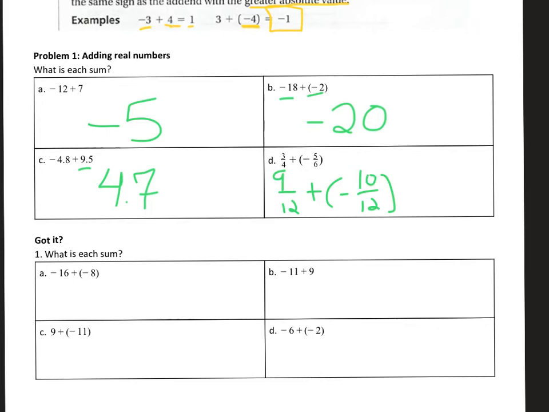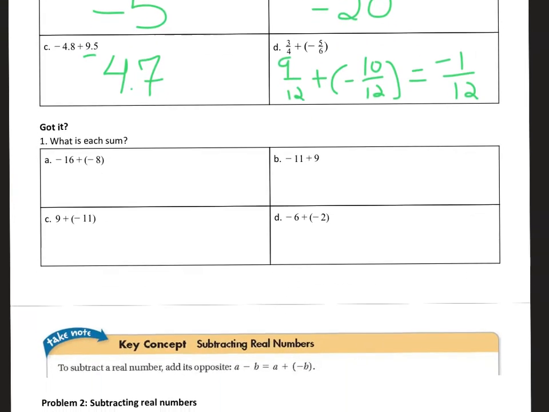When we look at these, they're opposite signs, so I subtract, meaning 10 minus 9 is 1. So 1/12. And I keep the sign of the number with the bigger absolute value, which is 10 over 12, and it's negative. So our sum is negative.